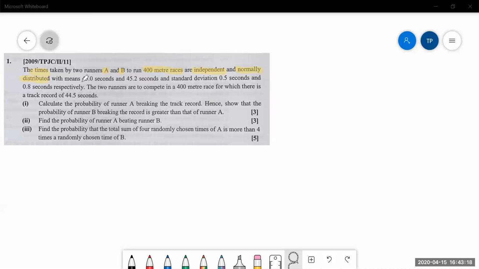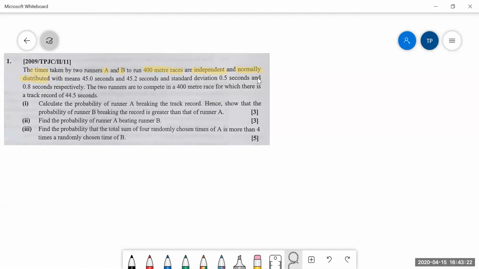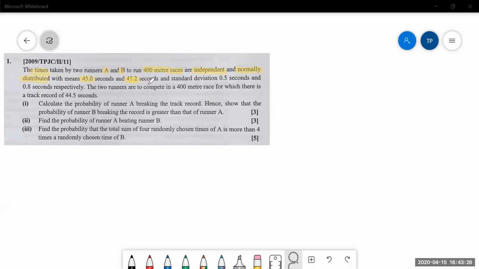The mean is 45 seconds for A, 44.2 seconds for B. Standard deviation is 0.5 seconds for A, 0.8 seconds for B. So I'm going to write the definition down first.